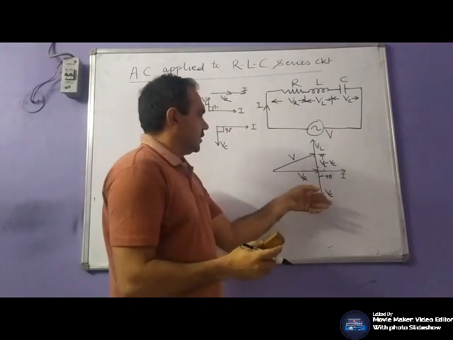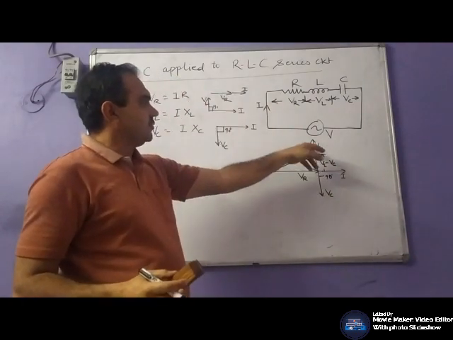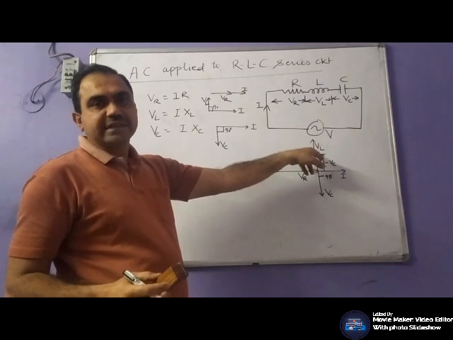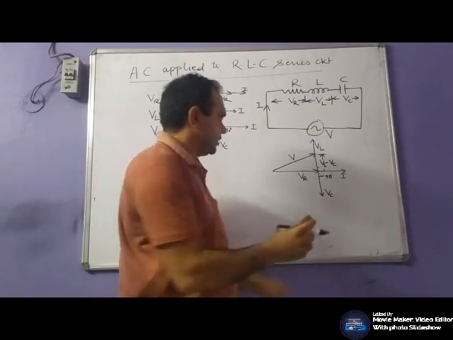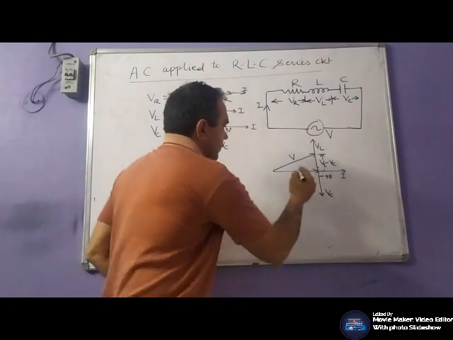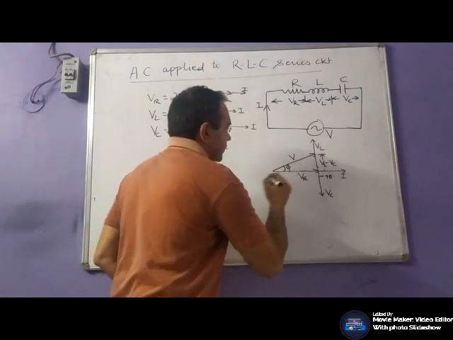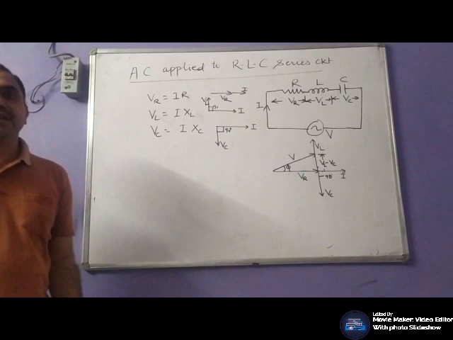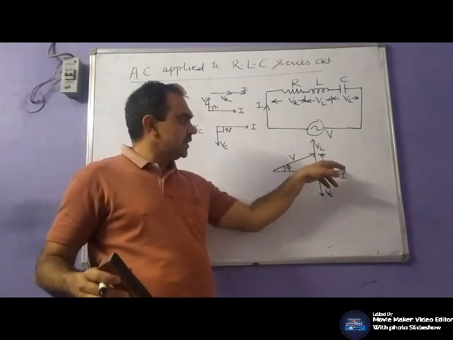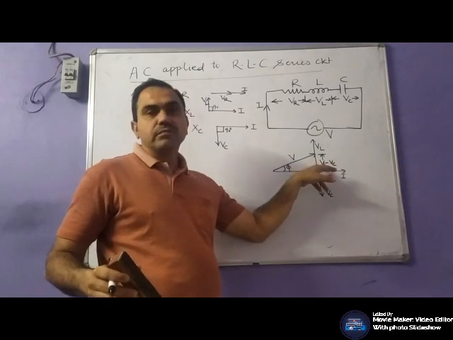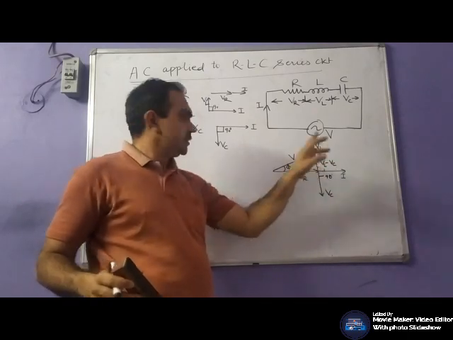If you take VC on this OY axis in phasor position, it would become minus VC. And phi will be the angle. Whether your current would lag or lead, that would depend upon VL minus VC.